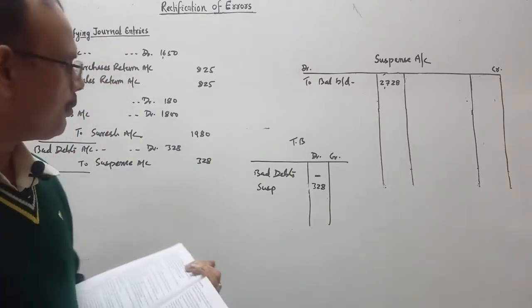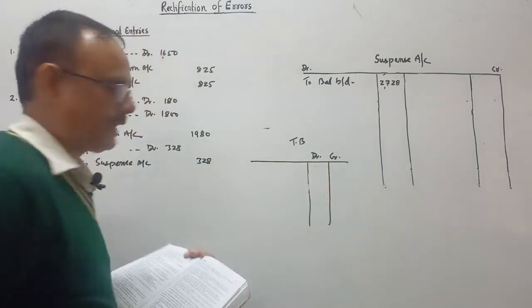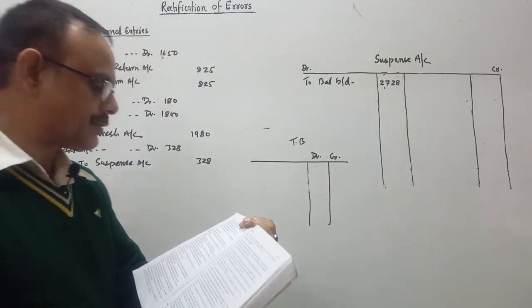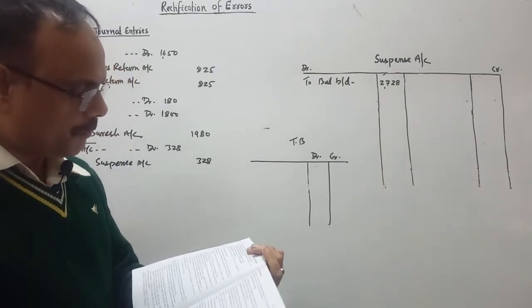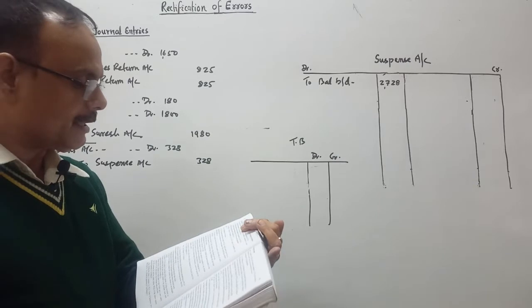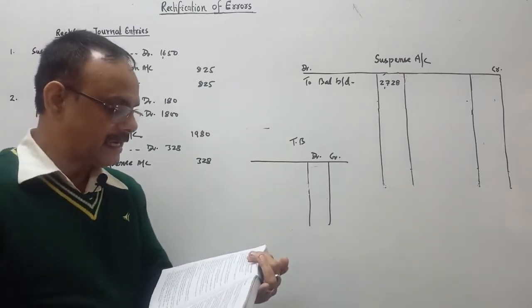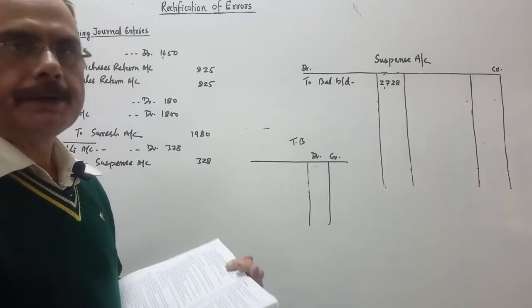Goods purchased from X 3500 and from Y 4000, but were recorded in the purchase book as X 4000 and Y 3500.